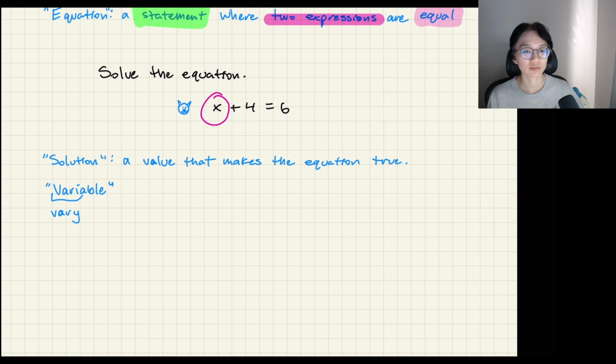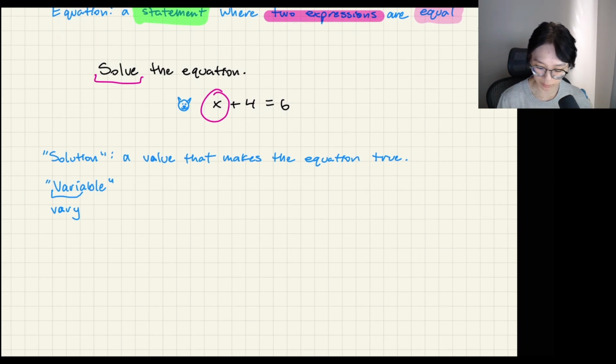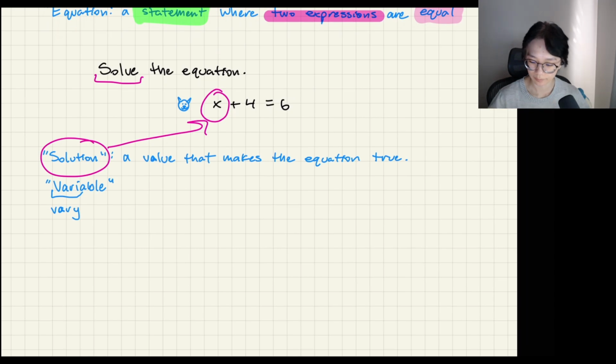It can be anything, but most of the time it is x, y, z, a, m, p, any of the letters of the alphabet. So you can represent something that can change, that can vary, or just something that we don't know. And in this case, this is something that we don't know. So when it says solve the equation, it means find a solution, find what that value can be.